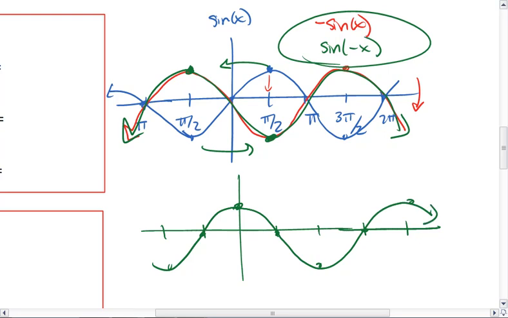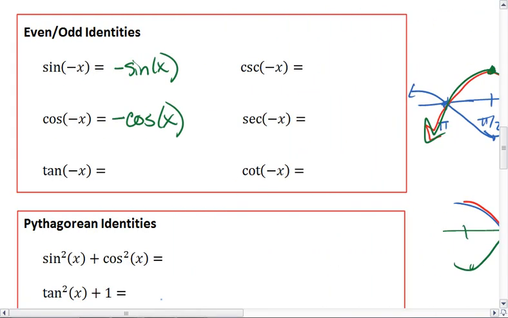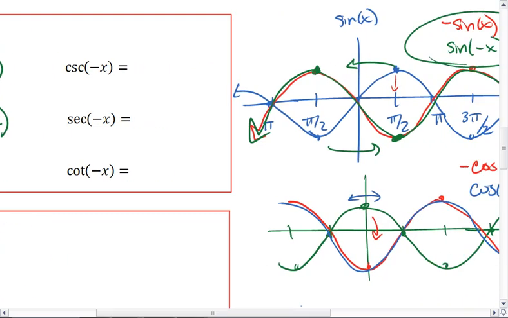If we were to reflect vertically, this would be the same thing as reflecting horizontally. So we get cosine of negative x. Okay, how about cosecant and secant? For cosecant and secant, we get the same exact pattern. Well, not exactly the same. We're going to look at this.